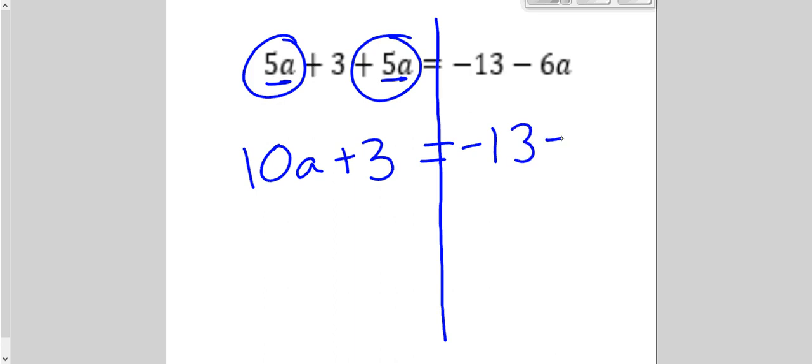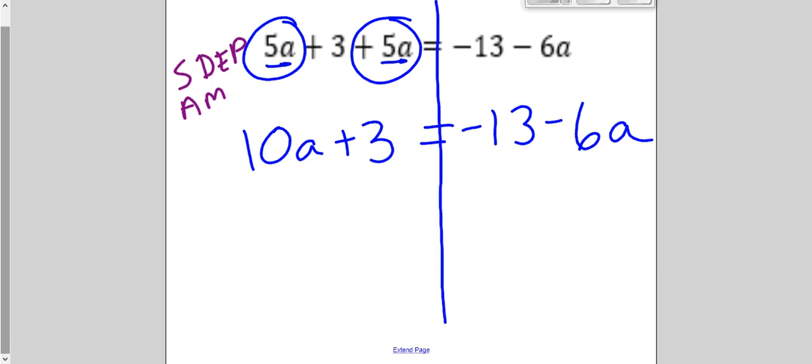Next I'm going to use that method, SADMEP, S-A-D-M-E-P. First I like to take care of my constants and get them all on one side. So I have 10a plus 3 equals negative 13 minus 6a. I'm going to move the positive 3 over.